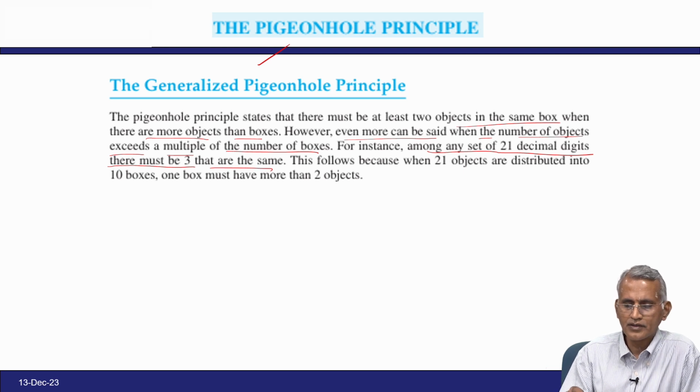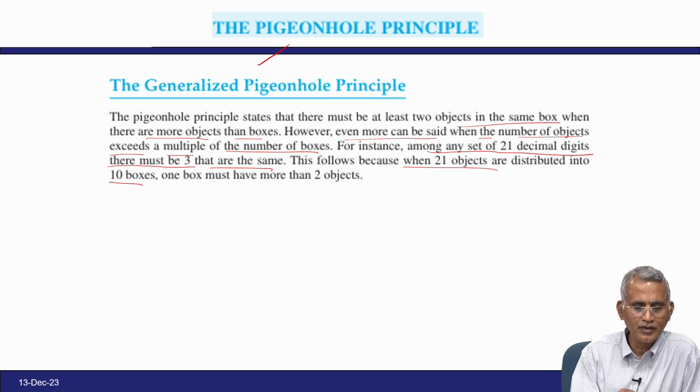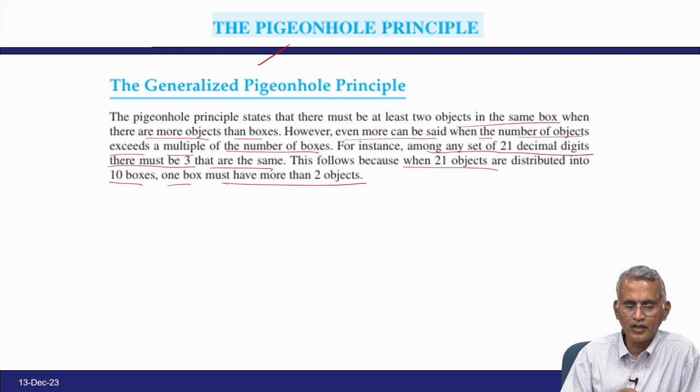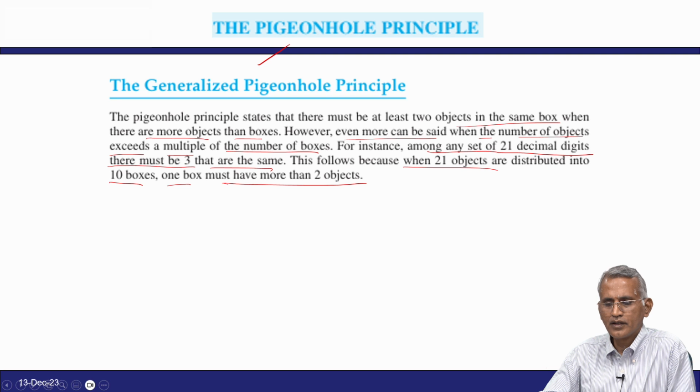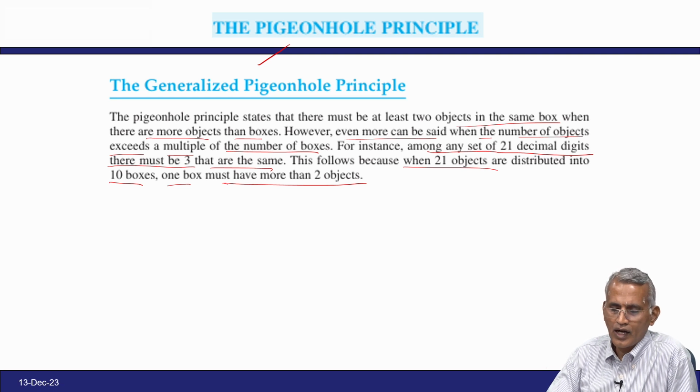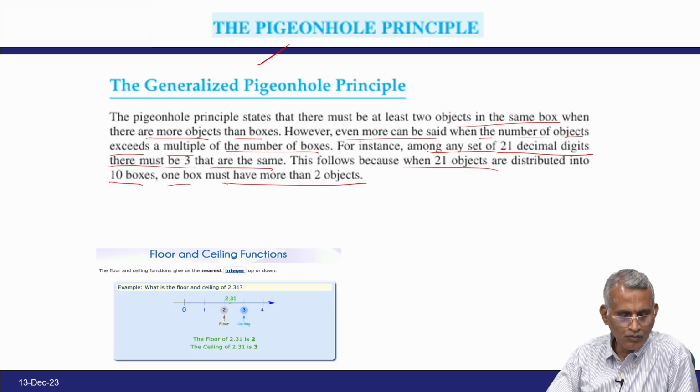This follows because when 21 objects are distributed into 10 boxes, one box must have more than 2 objects. So, this is the meaning of the generalized pigeonhole principle.